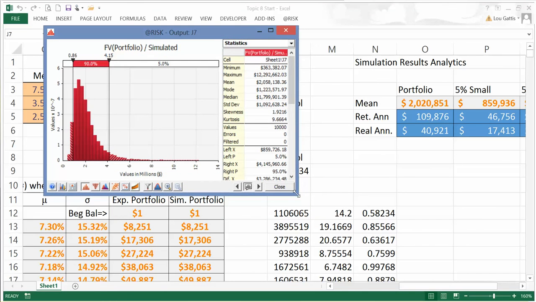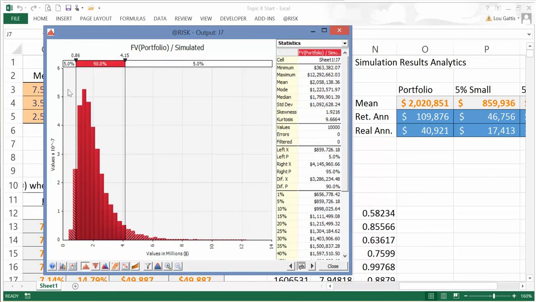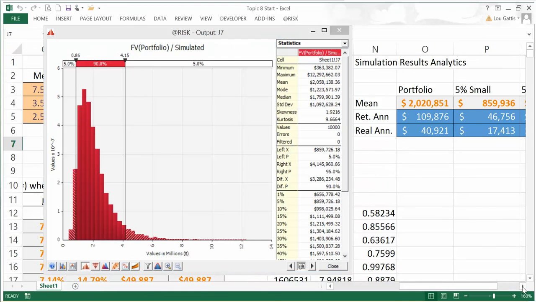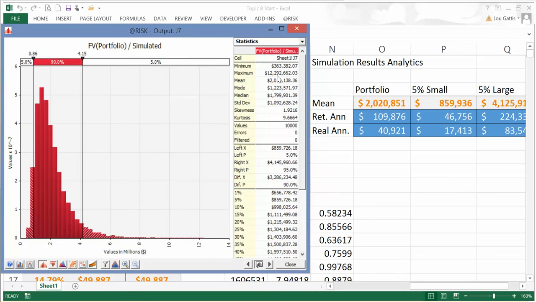This gives me a graphical display of the histogram of portfolio values. It shows me my 5% smallest portfolio value, 860,000, with data in millions. Notice that ties to what we got doing our homemade simulation. And the 5% highest is 4.15 million, which also roughly ties to what we did here with 5,000.